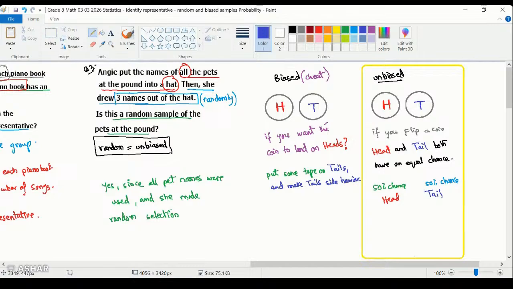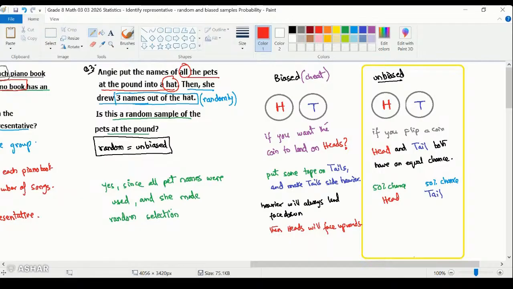So if you want the head as the answer and you make the tails heavier, what we know is heavier will always land face down. If heavier is always face down, then what is face up? Then heads will face upwards. This is what people do.